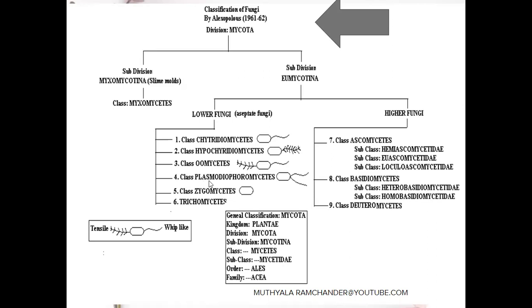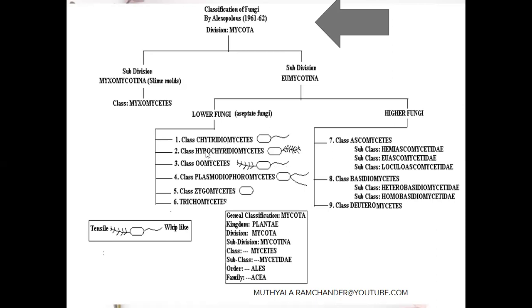Fourth class, Plasmodiophoromycetes. These 4 classes are combinedly called Mastigomycotina. Mastigo means flagella. In any stage of the life cycle, they produce spores containing flagella.